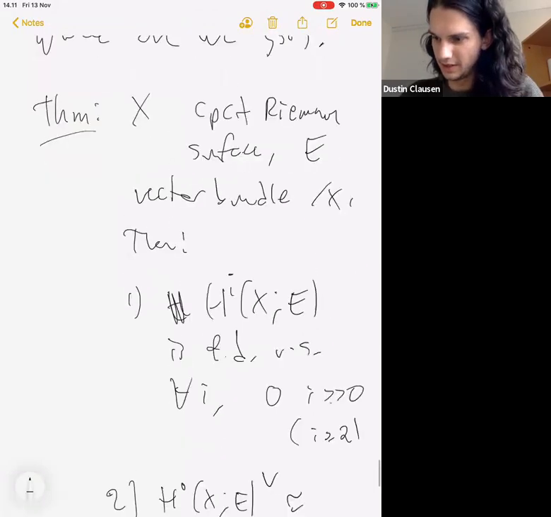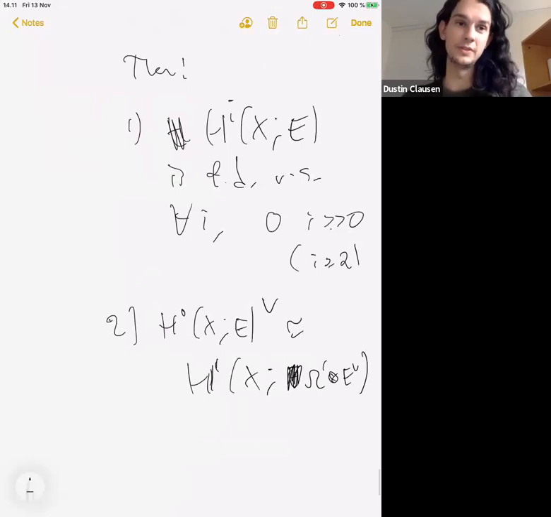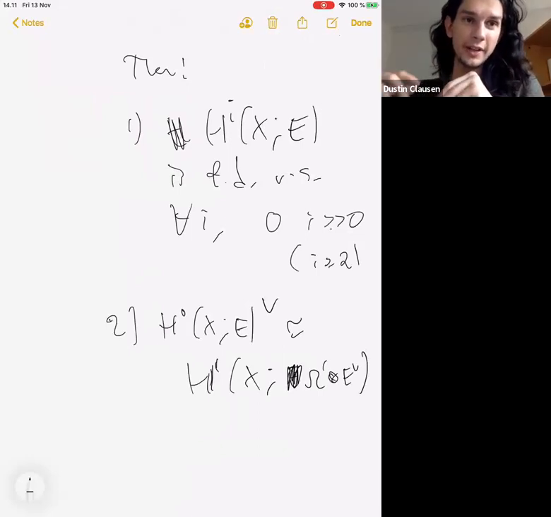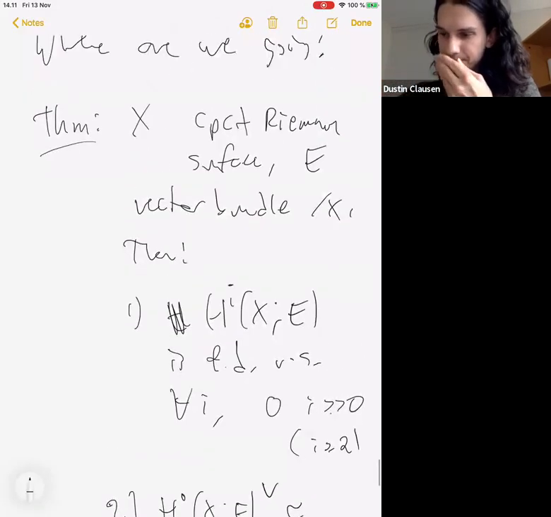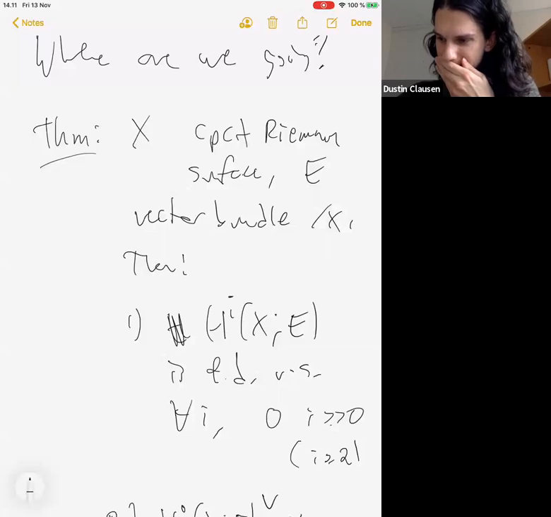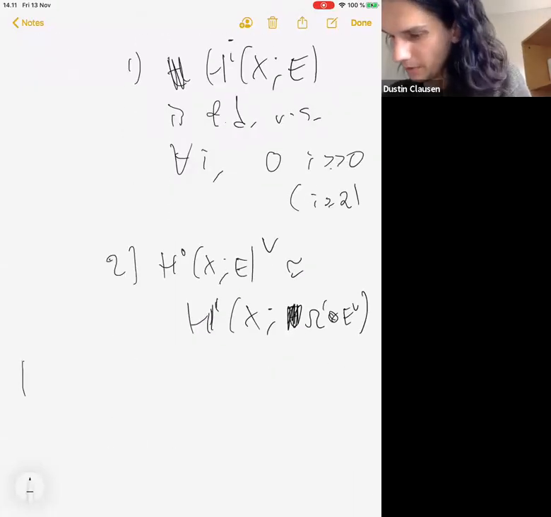So these are classic theorems about Riemann surfaces, and the proofs generally tend to use functional analysis. So we thought this would be a good place to see how things look from the liquid perspective. So how will we prove it?